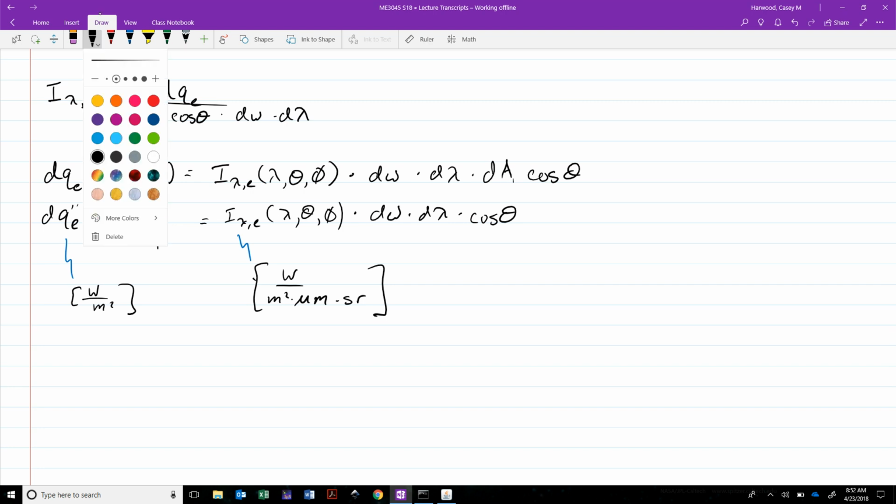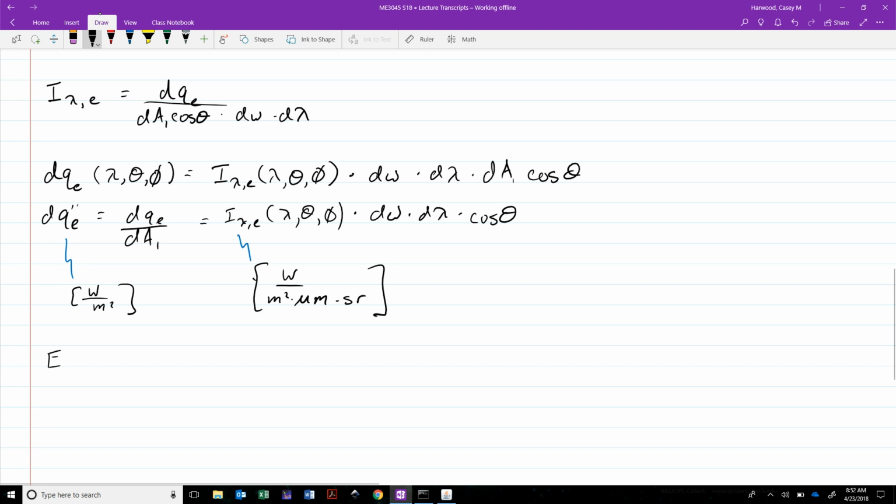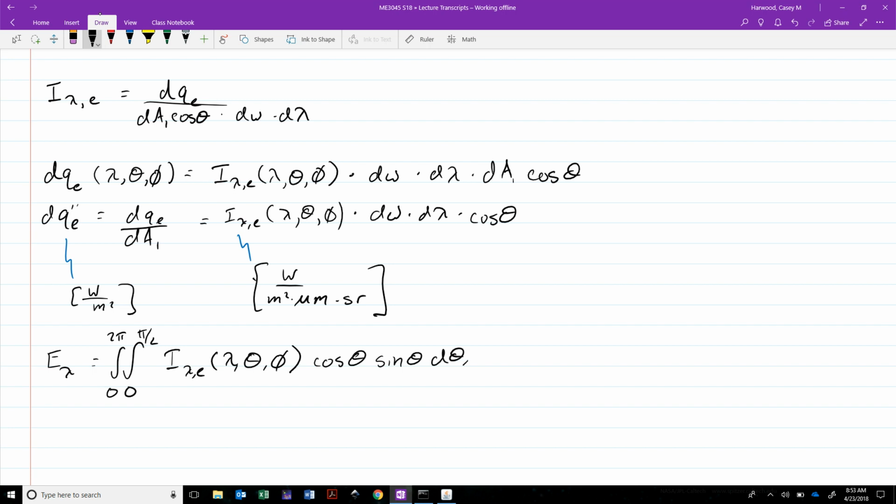If we wanted to relate this back to emissive power, or big E, there are two steps we can take. The first is to define what's known as the spectral emissive power. This is simply the integral from 0 to 2 pi, and the integral from 0 to pi over 2, of I lambda,e, as a function of lambda, theta, phi, times sine theta d theta d phi.